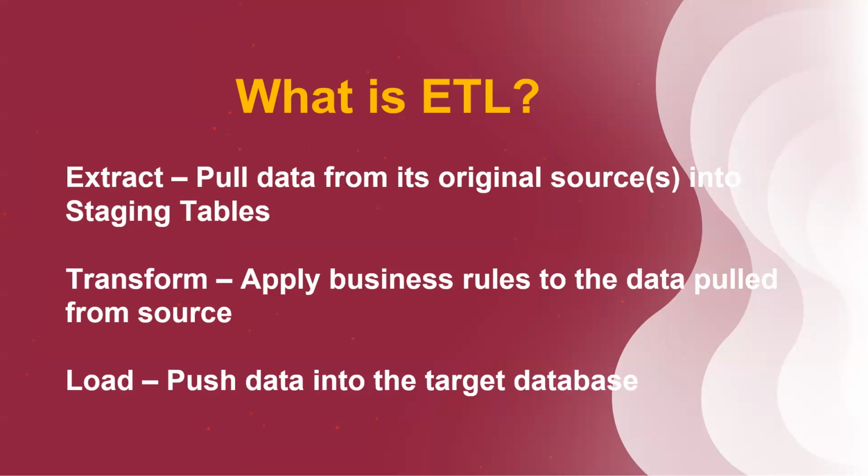The transform stands for usually applying business rules. So you pull this data from various locations, various systems, and then you apply the business logic that is needed by the customer that this ETL process is for. And then the load is where we push the data into the target destination, right? So that is ETL, extract, transform, load. And that was a perfect question.